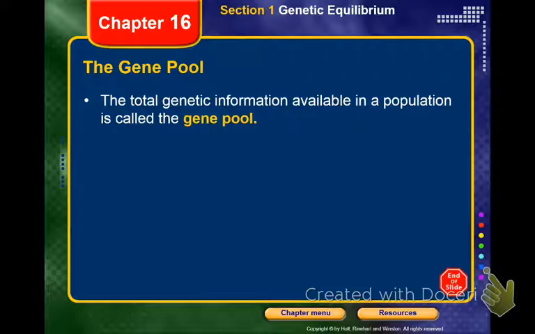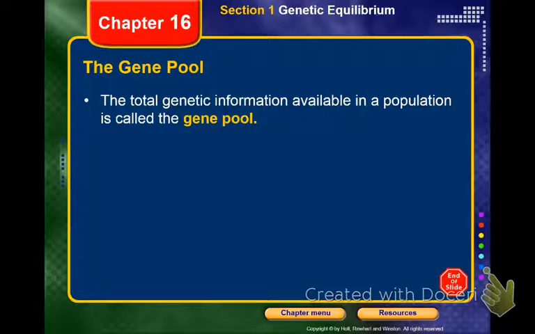The gene pool, for example in our classroom, is what you get if you take all of the different genetic traits that we each carry and add them all together. So if we have a lot of diversity in here, we have a good, deep gene pool.